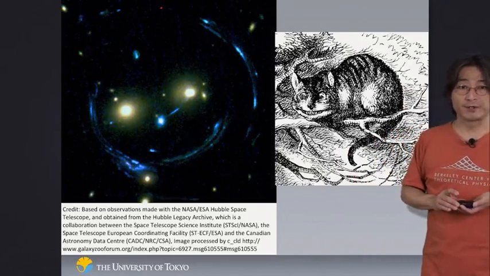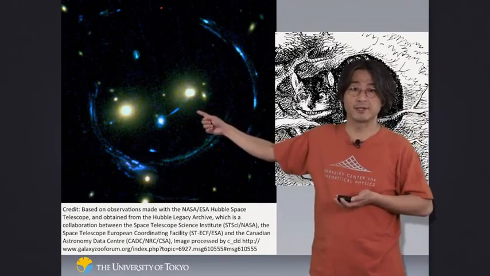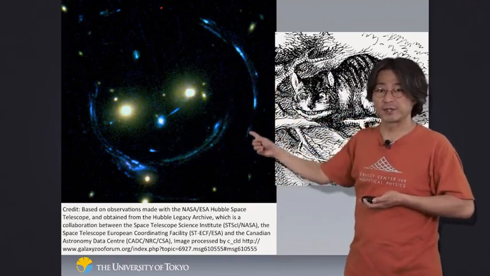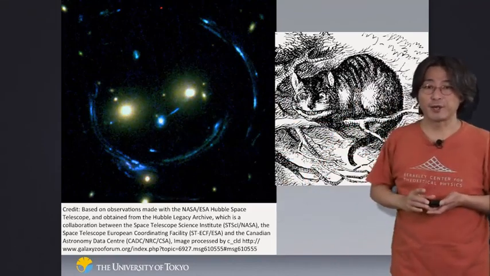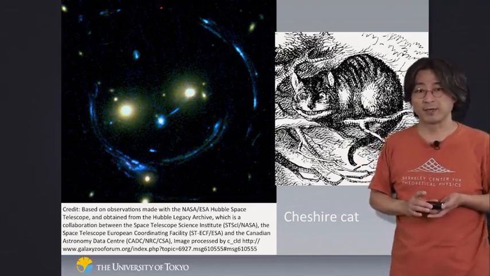Now here you see a very interesting picture. What you see is two galaxies here and there, but you also see something really stretched out. Because of this picture, it looks like the Cheshire cat you might have seen in some movie from Disney, for example, that appears in Alice in Wonderland.